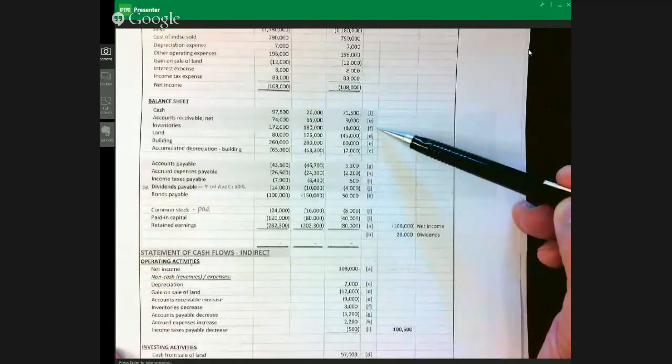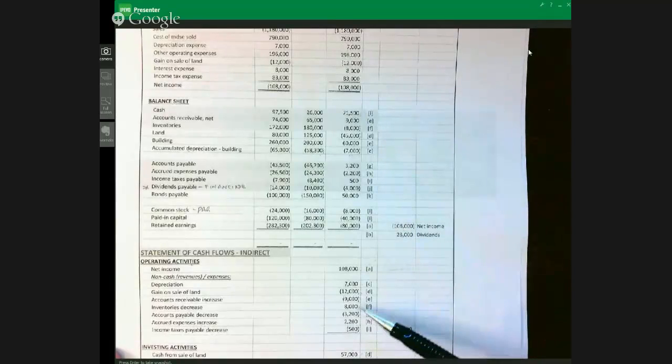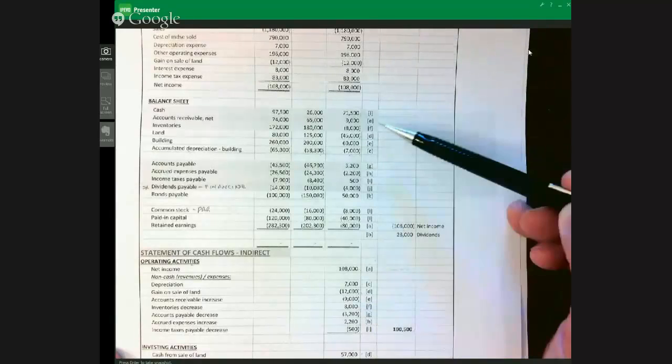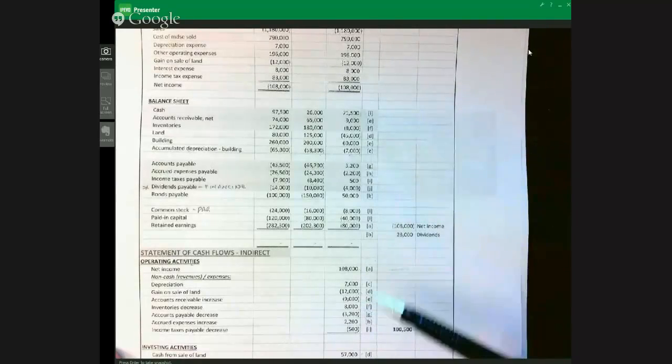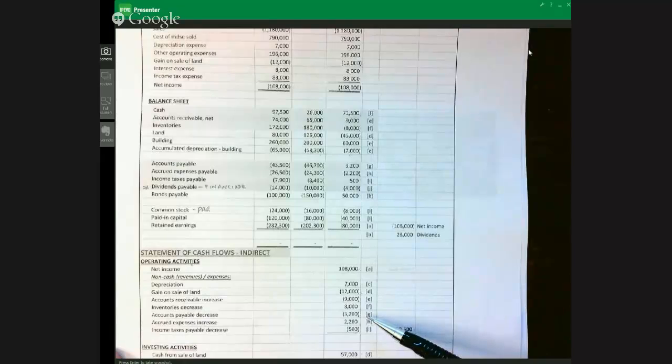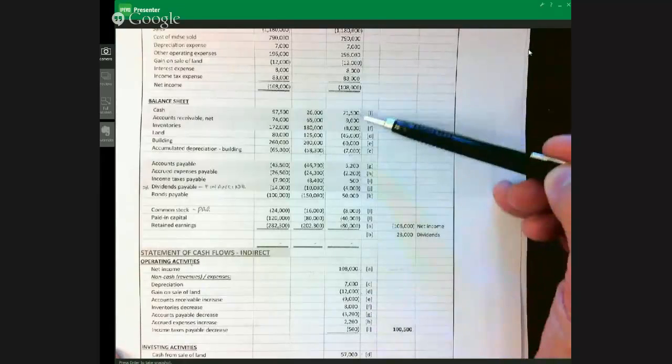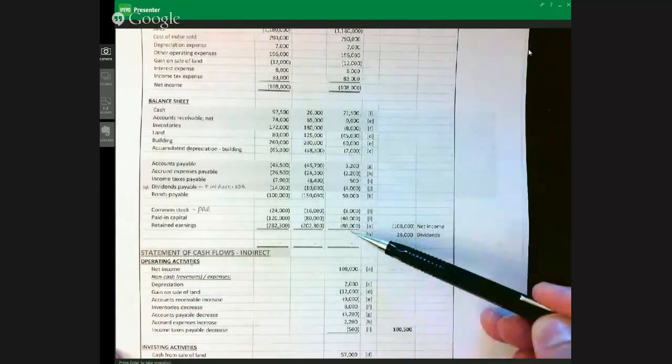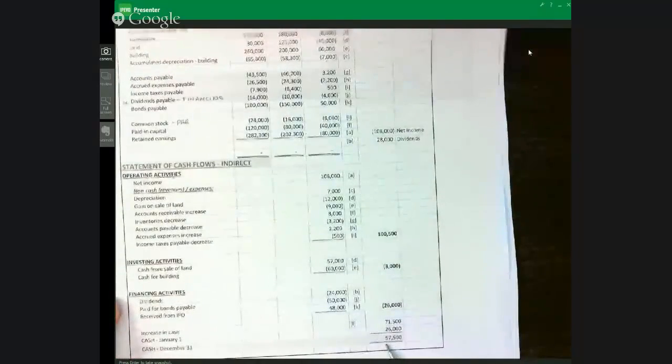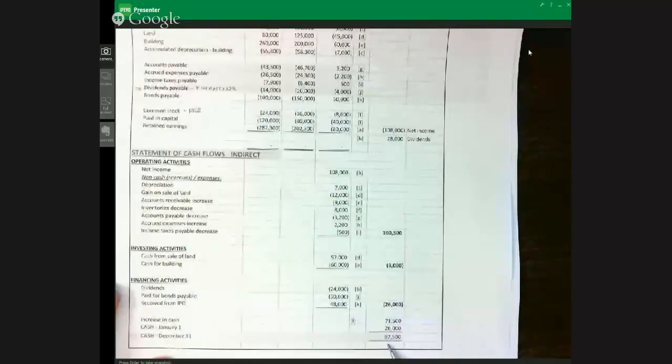Whatever credit is necessary to explain a change in the balance sheet is offset by a debit to the statement of cash flow. If you would methodically analyze each account on the balance sheet and record the opposing debit or credit to the statement of cash flow, once you have analyzed the change in all the accounts on the balance sheet, you would have explained the change in cash.